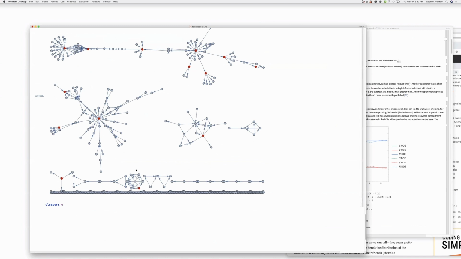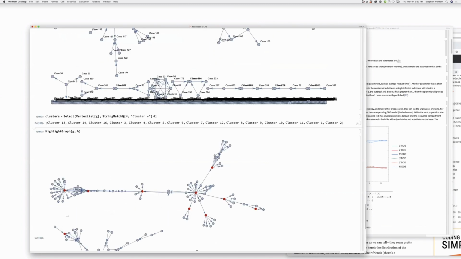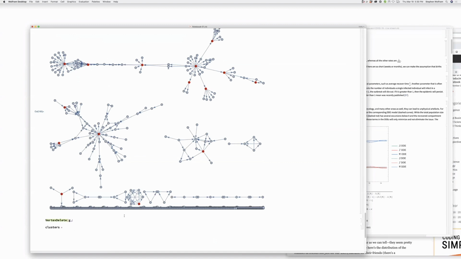And then just say vertex delete, and then look at the degree distributions. Yeah, okay, fine. Why don't you look at the out distribution? Okay, so you say vertex delete of G and then clusters, and that should give us the graph without the clusters. Yeah. Okay. So those are all individual, and now take that.